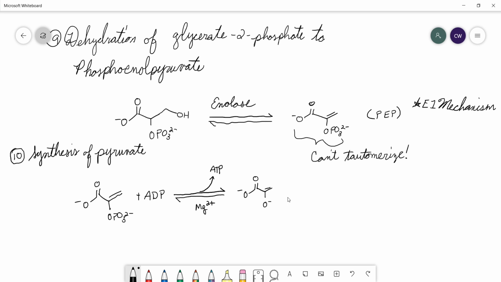Now, I think you all can see there is something that can happen, especially in the presence of acidic protons, and that is that this can be converted very quickly to keto pyruvate. This is enol pyruvate.